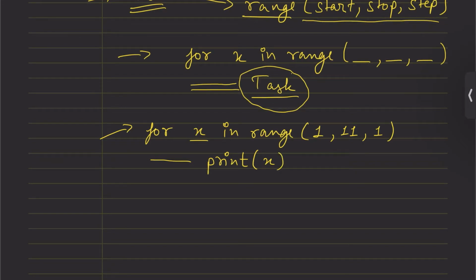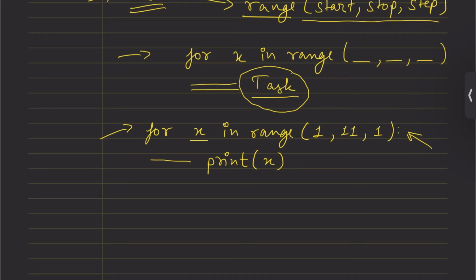One thing you need to remember is that after writing the loop, you have to put a colon. Here at the end you have to put a colon. That is mandatory. So this is the program for printing numbers from 1 to 10.